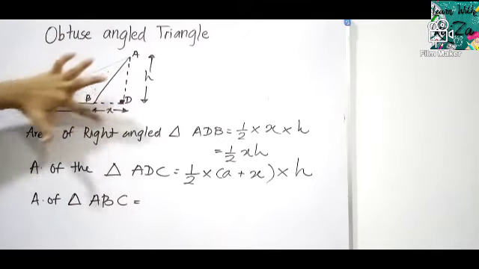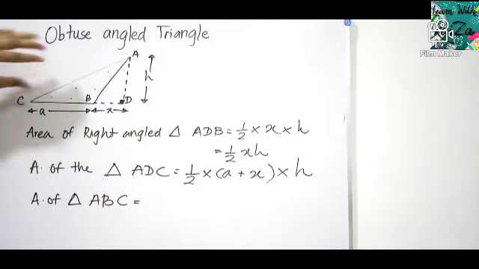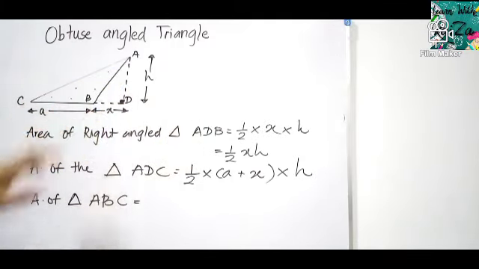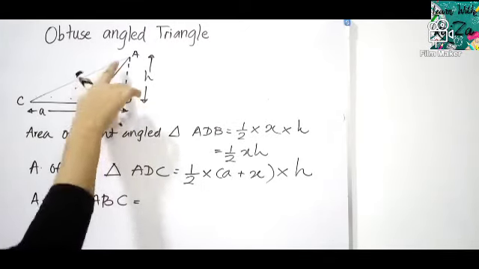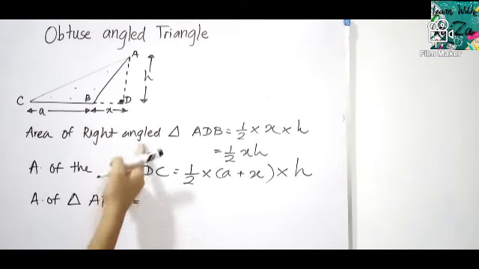If we take triangle ADC and cut off this portion ADB, then we get the area of this portion. Clear?